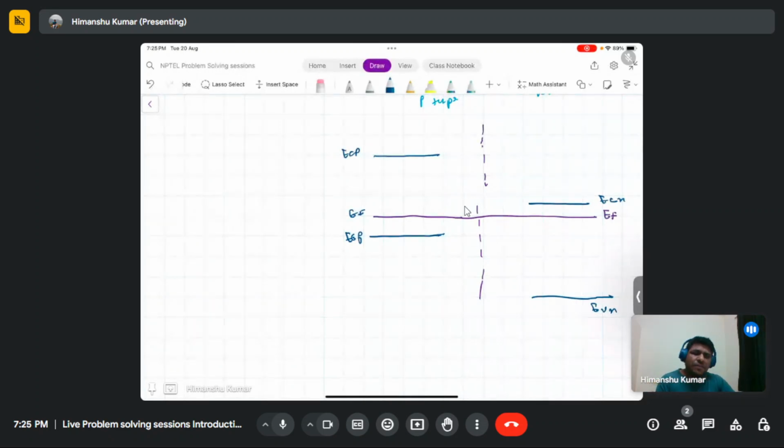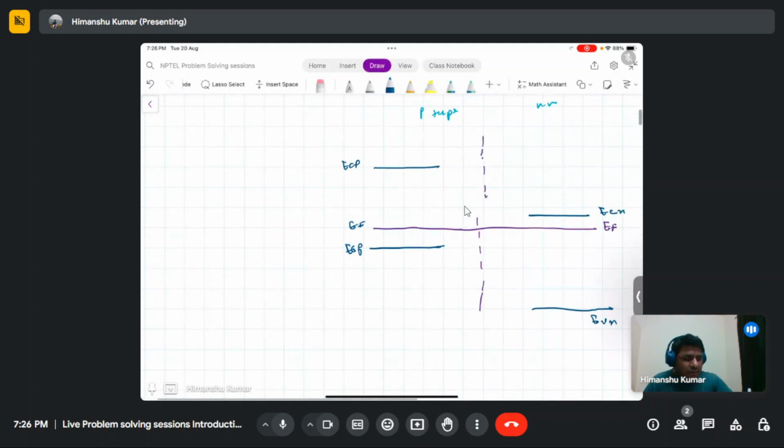Now, because of the diffusion of these carriers, there will be a potential drop, and you can make the junction like this.